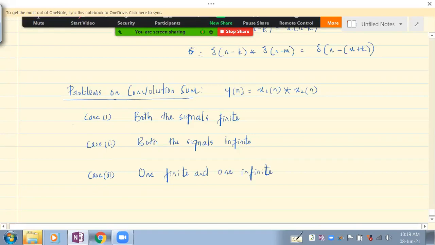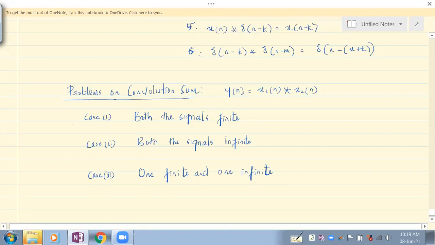So let's categorize these problems as these 3.